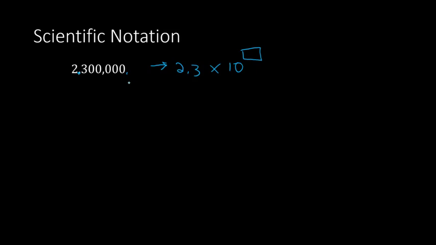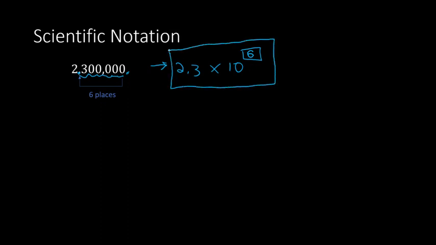Now the power we raise it to is determined by how far our decimal point is moving. So it's going from here over 6 places. You can count that out: 1, 2, 3, 4, 5, 6 places. So that would be 2.3 times 10 to the 6th power. So this would be written in scientific notation.